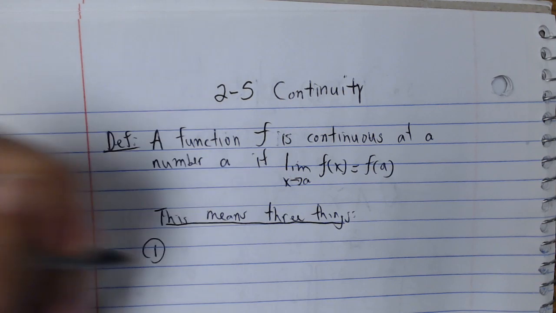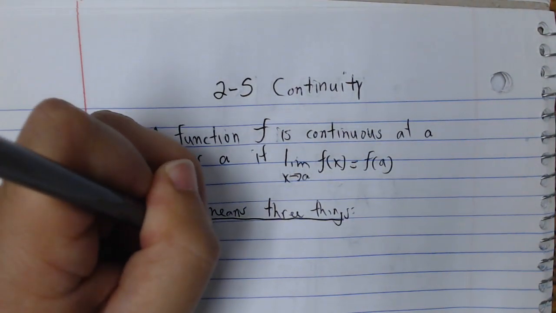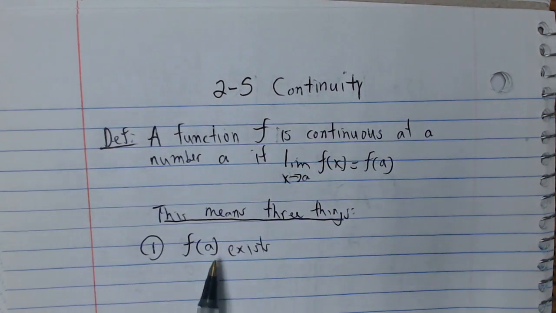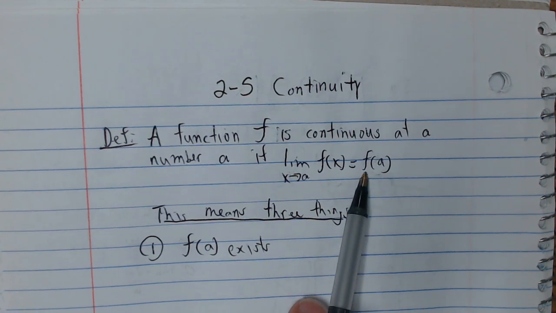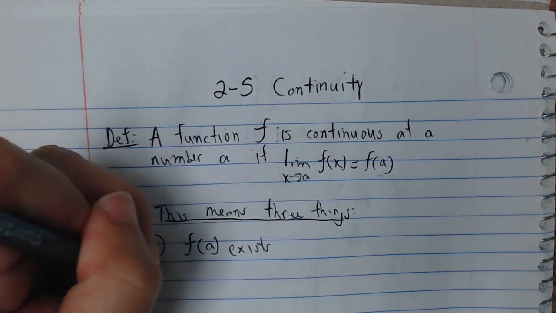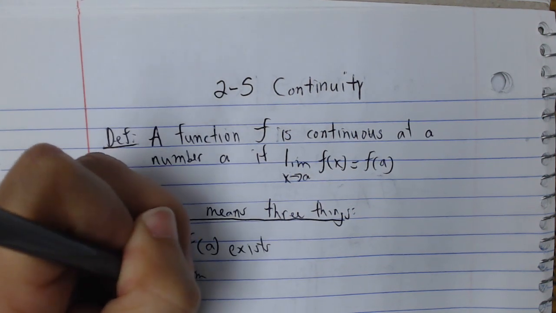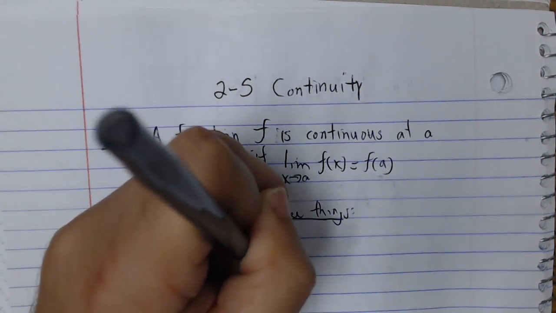One, f of a exists. So in other words, if I plug in a into this function, I better get an output, which basically is what this is saying. The second statement is the limit as x approaches a of f of x exists.